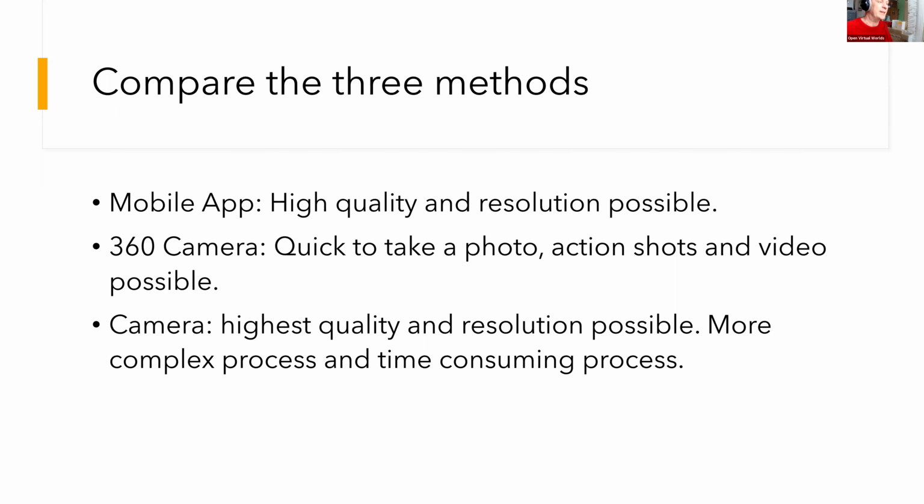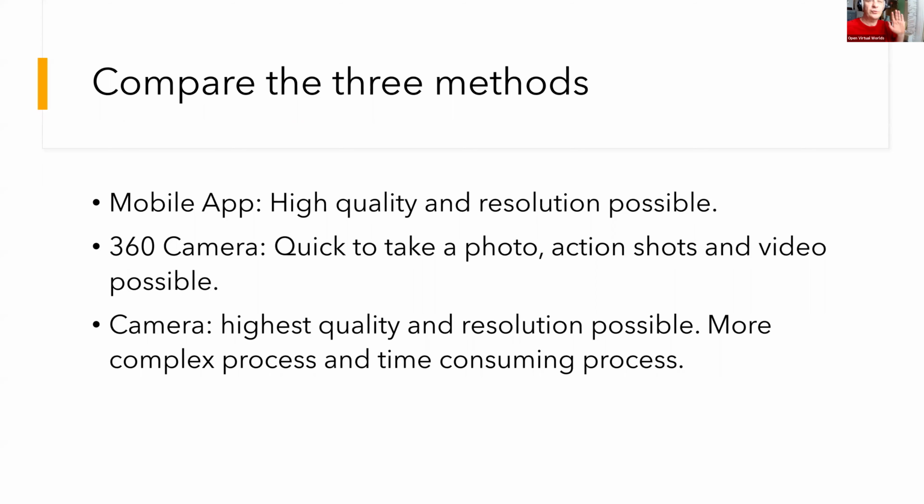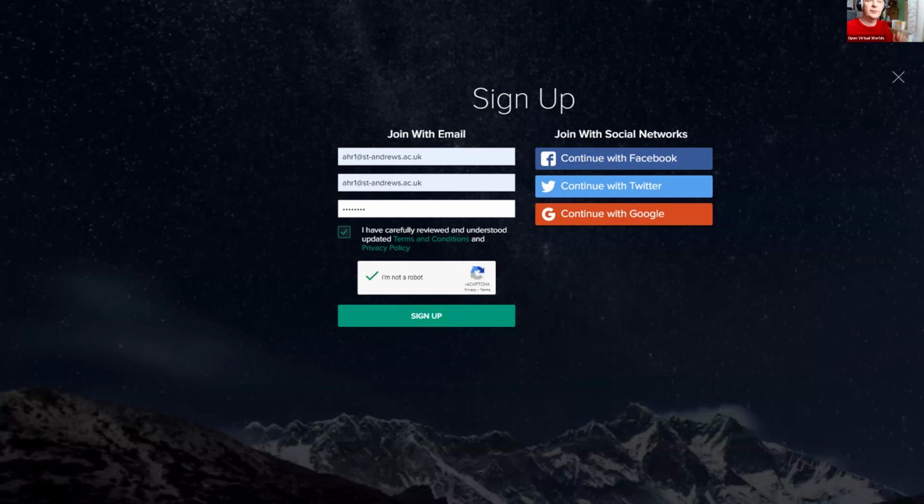It's great, but the easiest way is with the 360 camera. So once you've got your 360 image, okay, you can go about uploading it. So here I would suggest, certainly for starting and possibly forever, Roundme is a good platform to use for this. It's free.